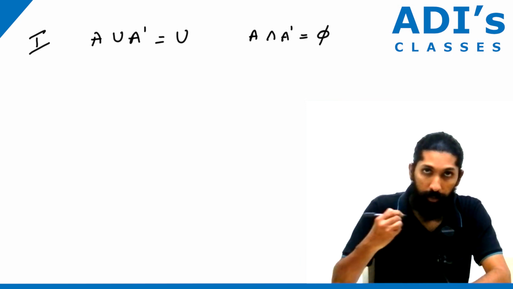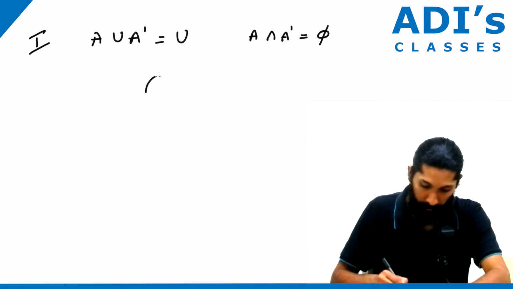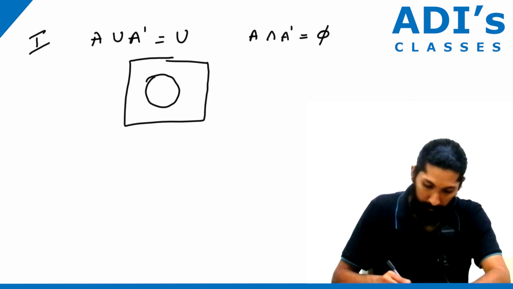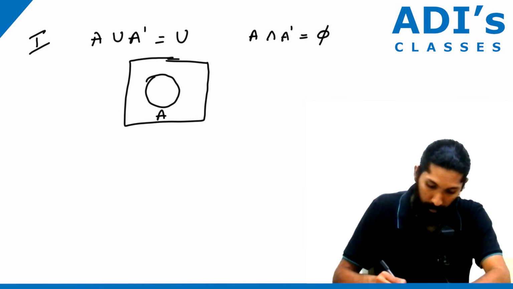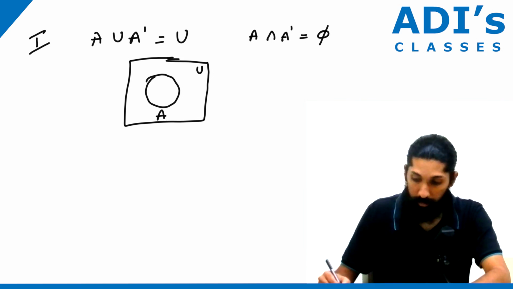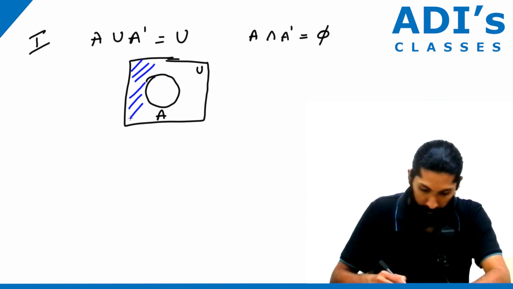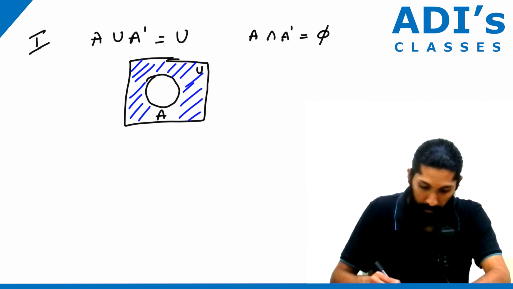Now we can easily verify this with the help of a Venn diagram. Suppose this is set A and this is the universal set. Now the outside part, this part that we are looking at, is nothing but A complement, isn't it?